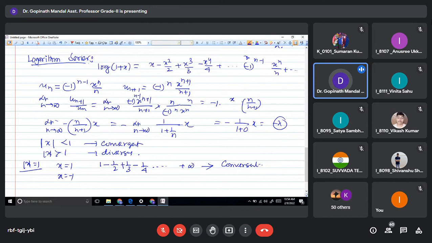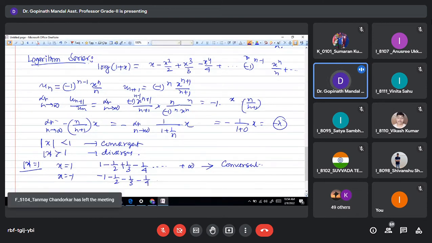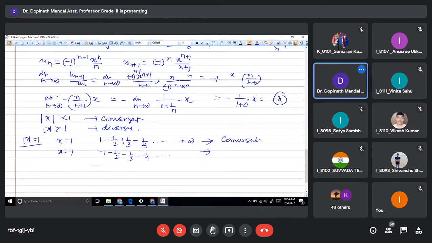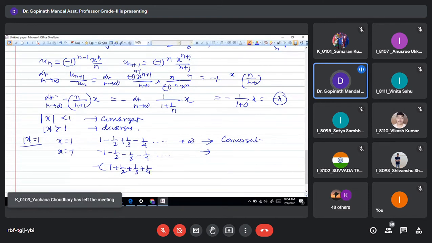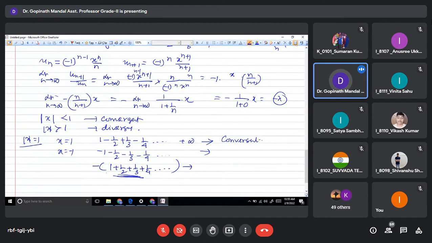So this is a convergent series. And if we take minus 1 by 2, minus 1 by 3, minus 1 by 4, and take minus 1 common, then 1 plus half plus 1 by 3 plus 1 by 4. Now this series is divergent, right?